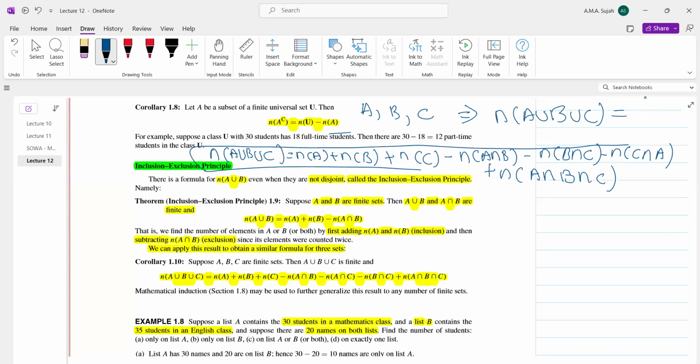Likewise, whatever the number of sets, you can find the inclusion exclusion principle.